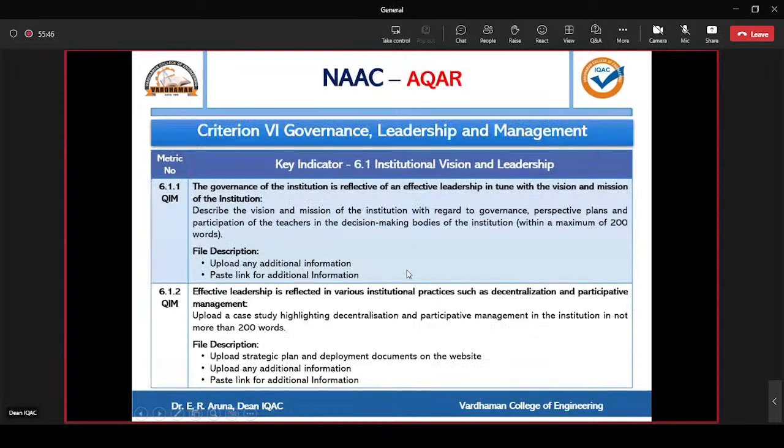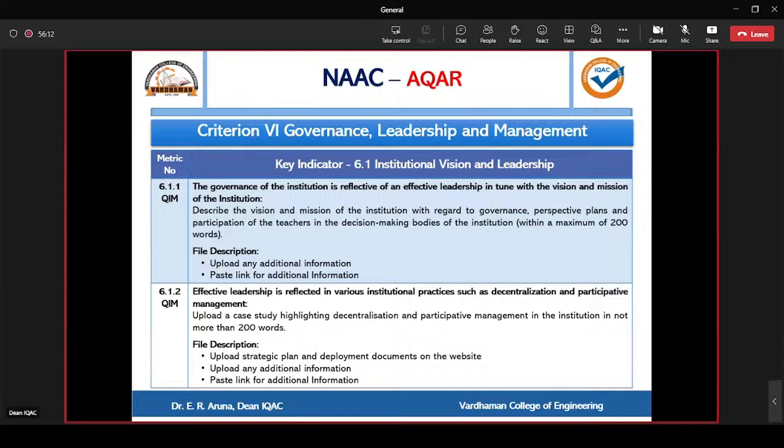Coming to 6.1.2: effective leadership is reflected in various institutional practices such as decentralization and participative management. Here, the same as the committees like the GB and other committees, how they are going to work, the practices for decentralization and participative management. Let me explain.